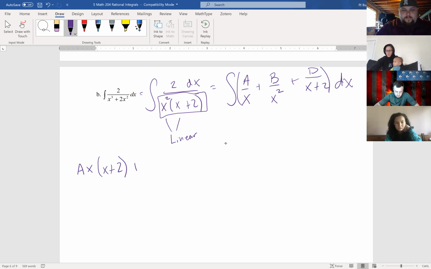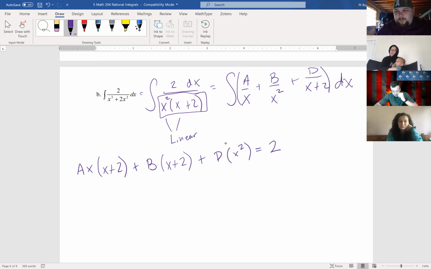The b term already has x squared in the denominator, so it just needs to be multiplied by x plus 2. And finally, the d term already has the x plus 2, so it just needs to be multiplied by x squared. And all of that has to equal the original numerator, which is 2.